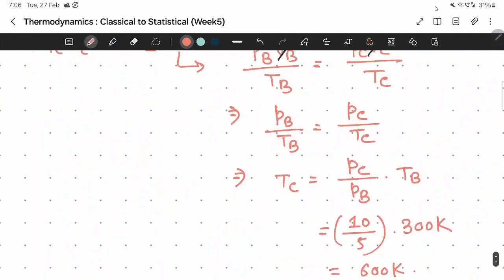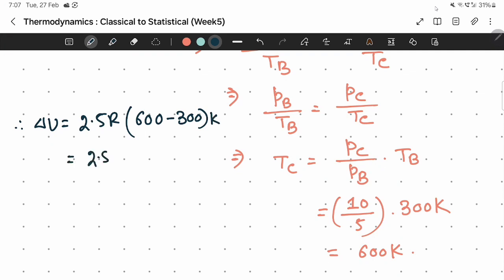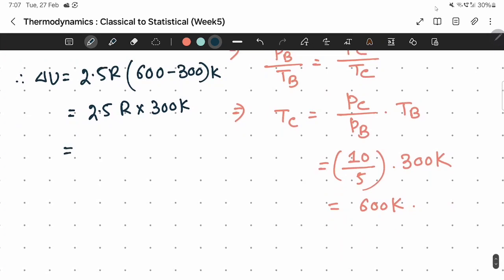Now ΔU will be 2.5 R into (600 minus 300) Kelvin. So it is 2.5 R into 300 Kelvin. In Joule, I should use 8.314 into 300.